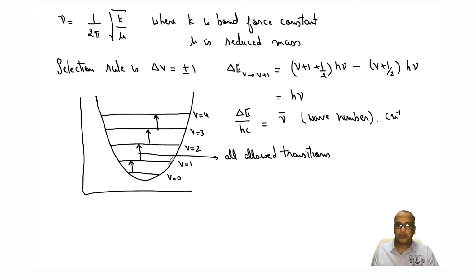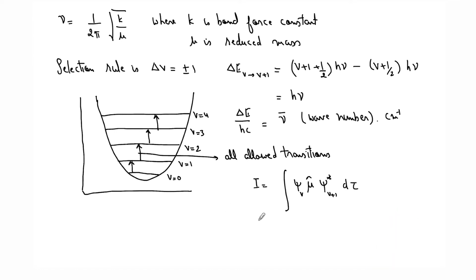And how do you know what transitions are allowed or not? We have already seen that by looking at this integral, where we take the wave function of a particular vibrational level, the operator, and the wave function of the v plus 1 level, and star, d tau.